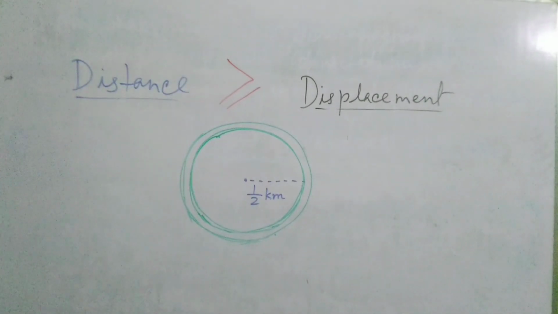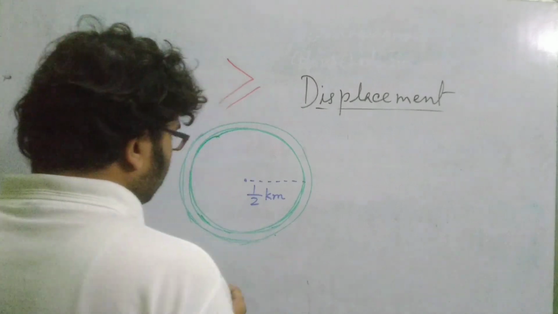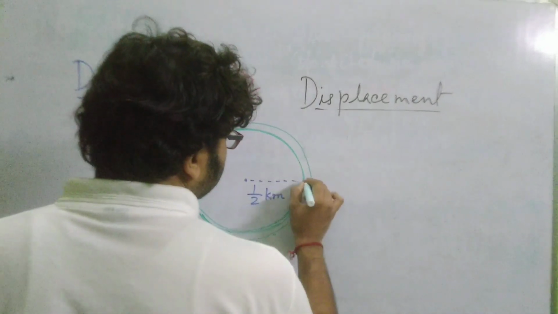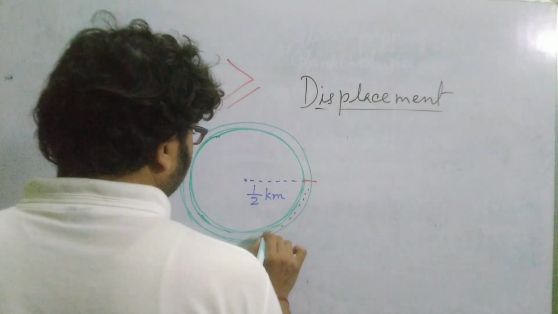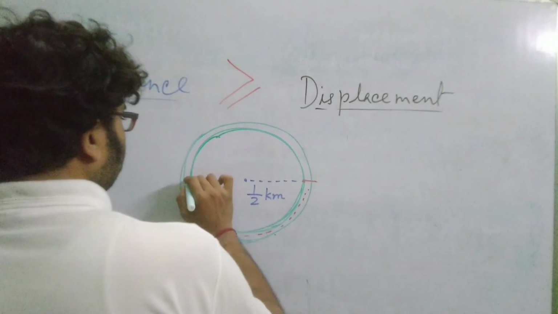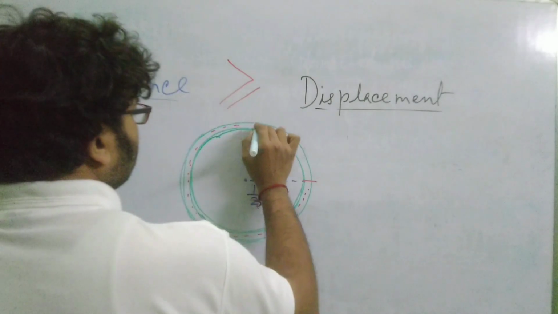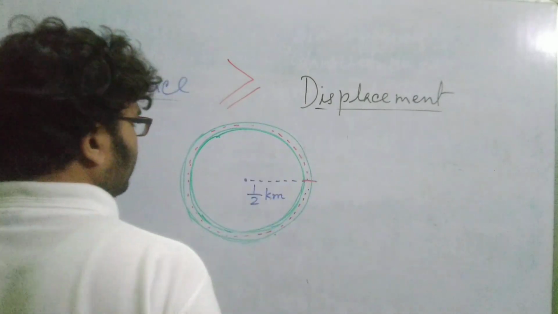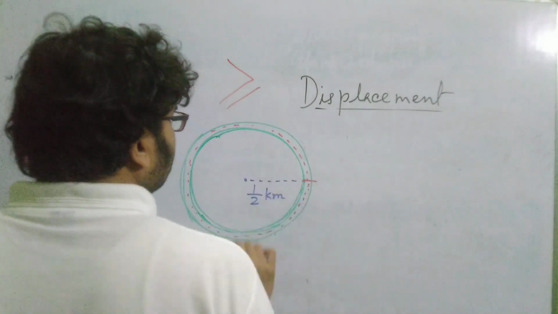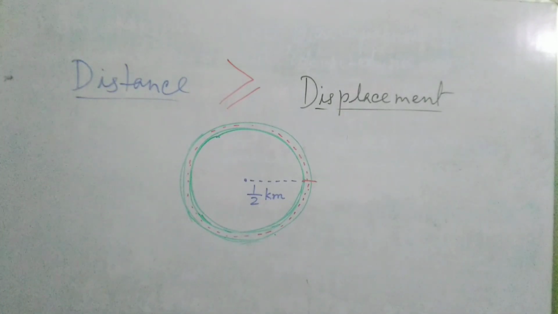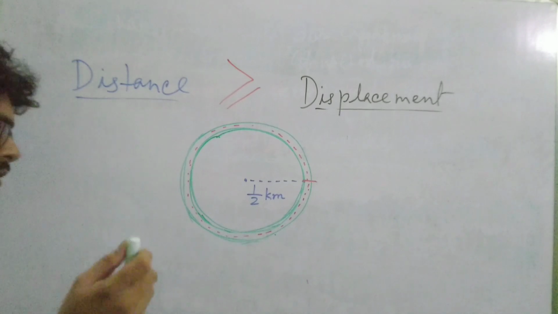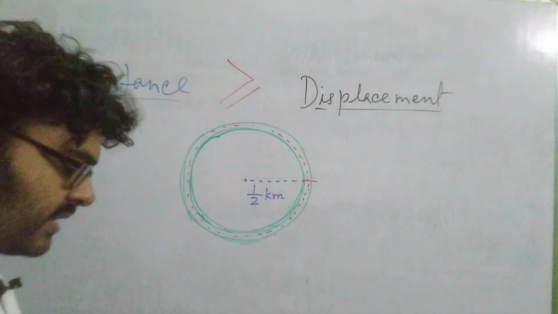Now, say an athlete starts from this point, runs around, and comes back to the same starting point. What the athlete actually covers during this whole exercise is the circumference of the circle.